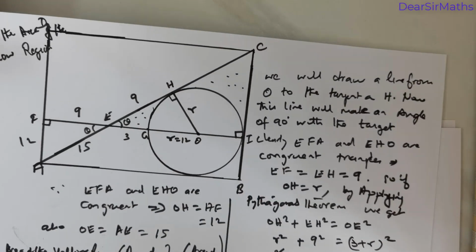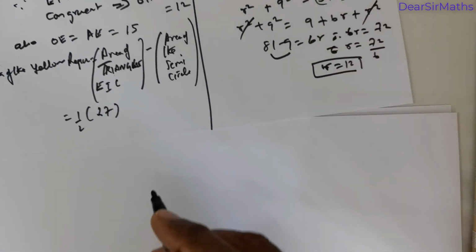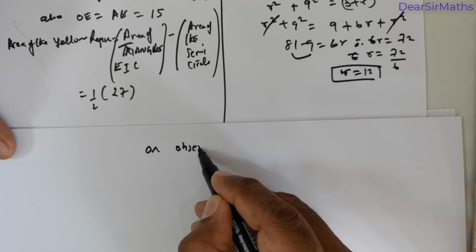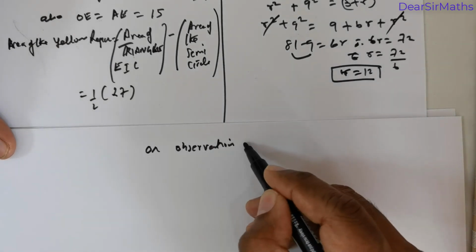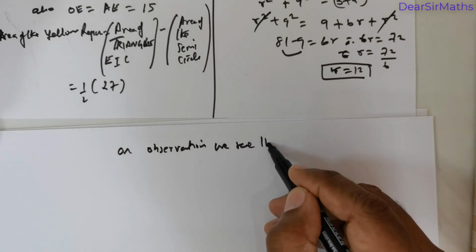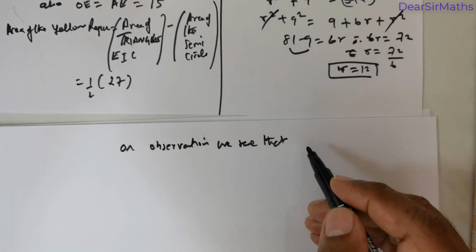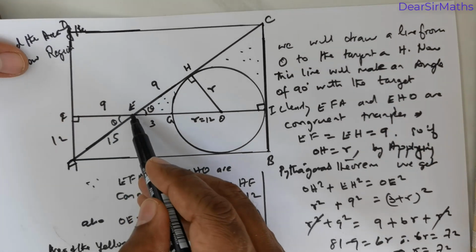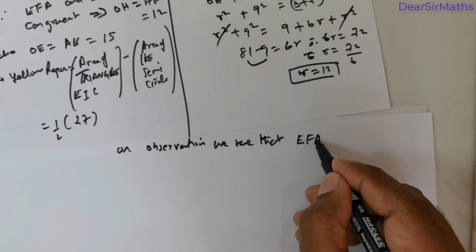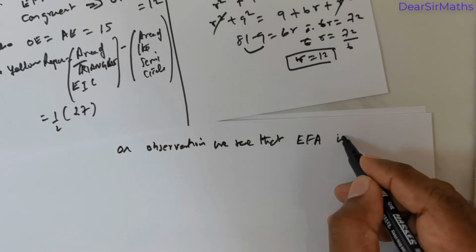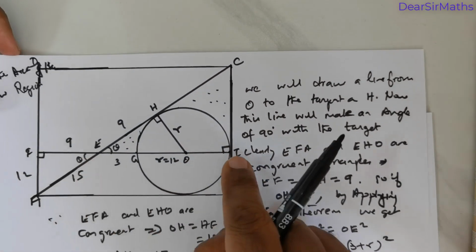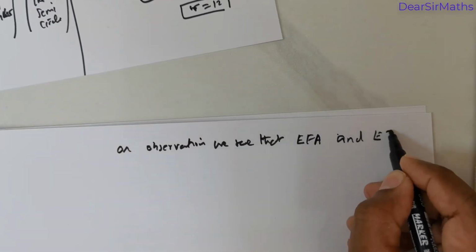Right? So what I'm going to do is compare. On observation, we see that EFA and EIC are similar triangles.